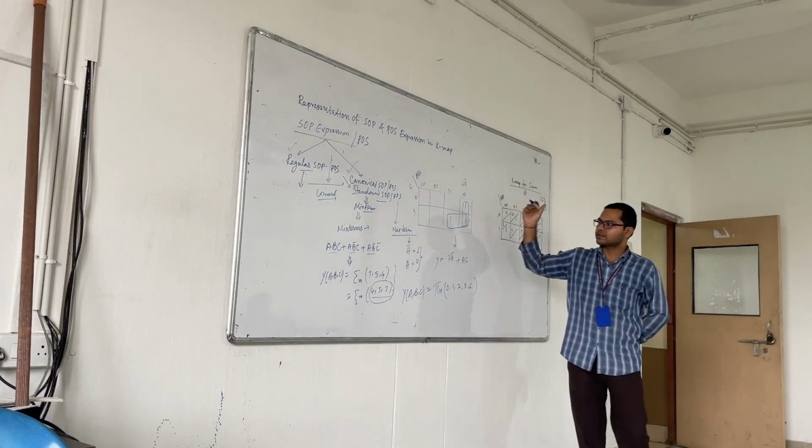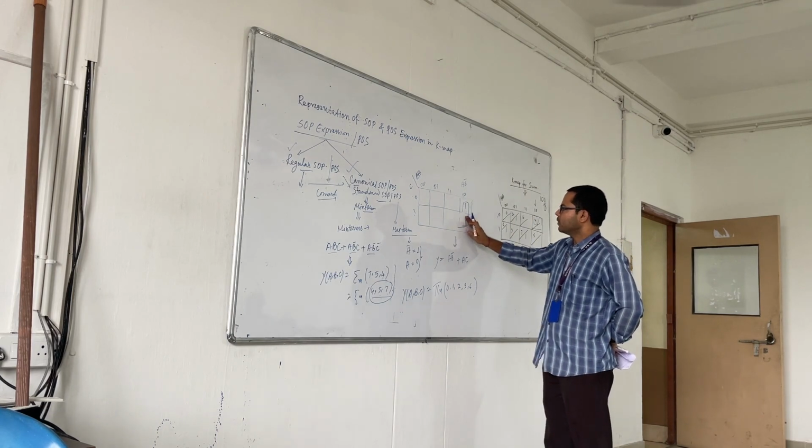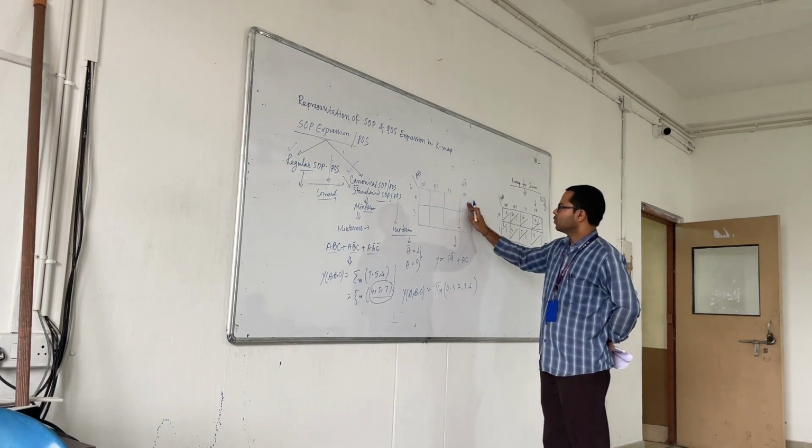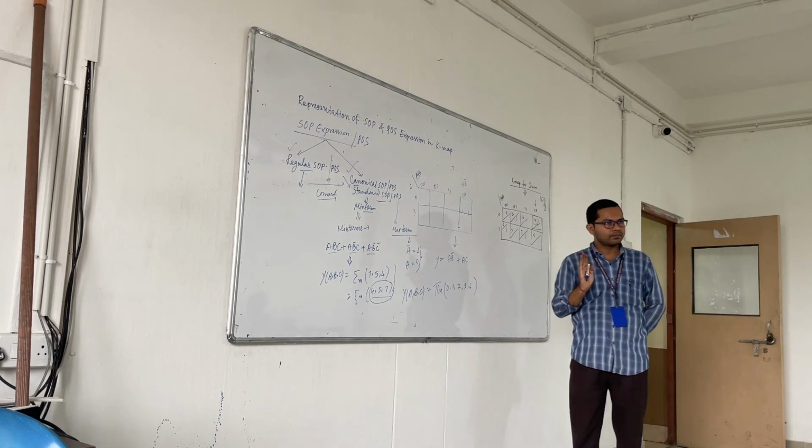Now put the max terms in the corresponding positions with the help of 0. Only we are changing 0 and 1 to differentiate between min term and max term. Everything else is the same, right?